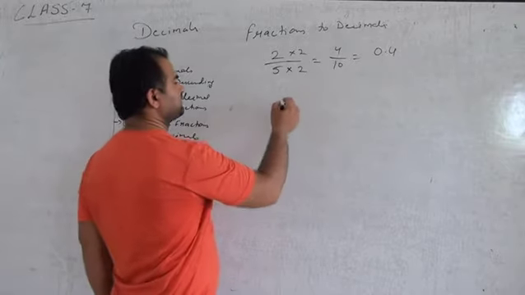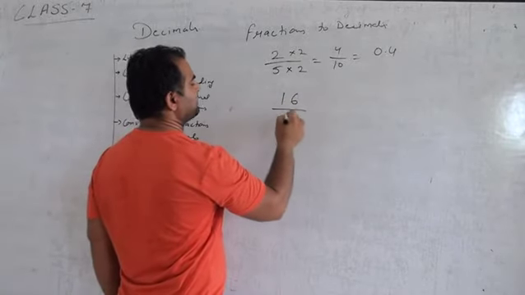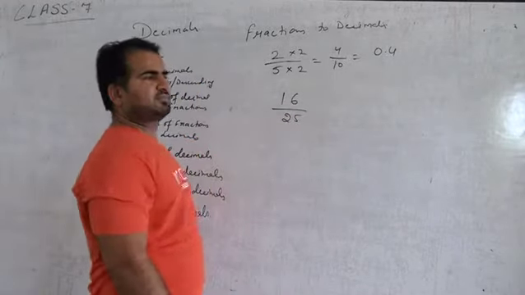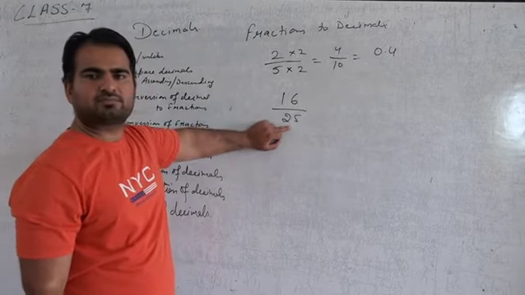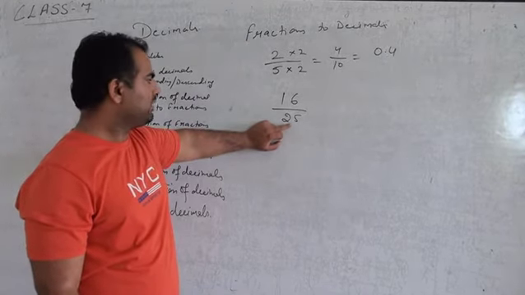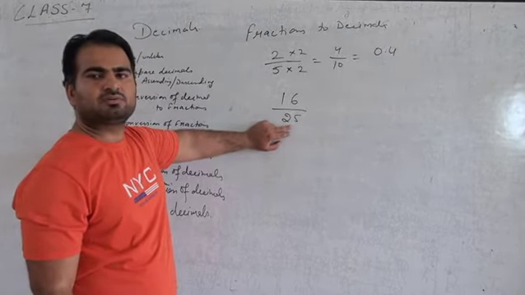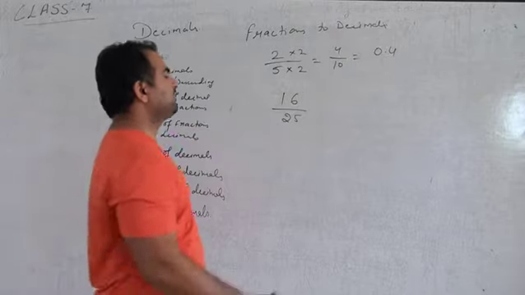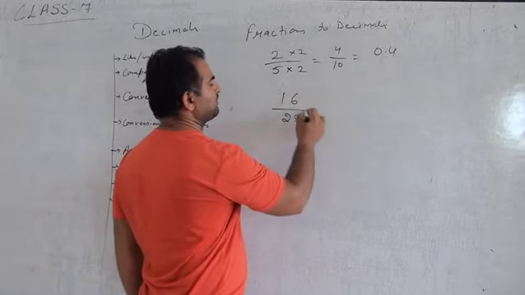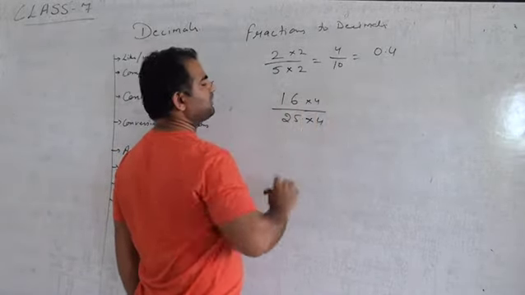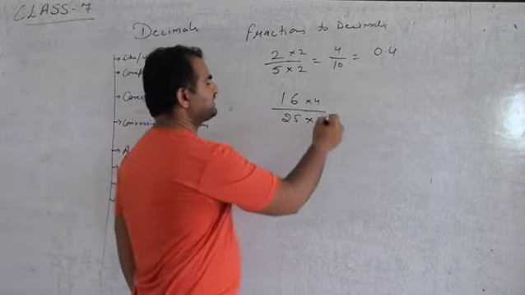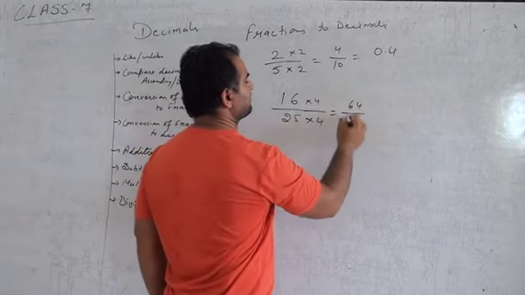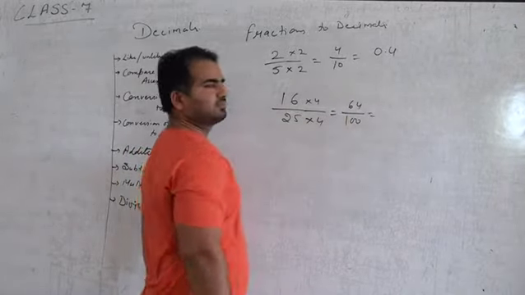Okay, the next question is 16 by 25. Can we convert this 25 into 10? No. But we can convert this 25 into 100 by multiplying it by 4. We also have to multiply the numerator by 4. So it will be 64 by 100.